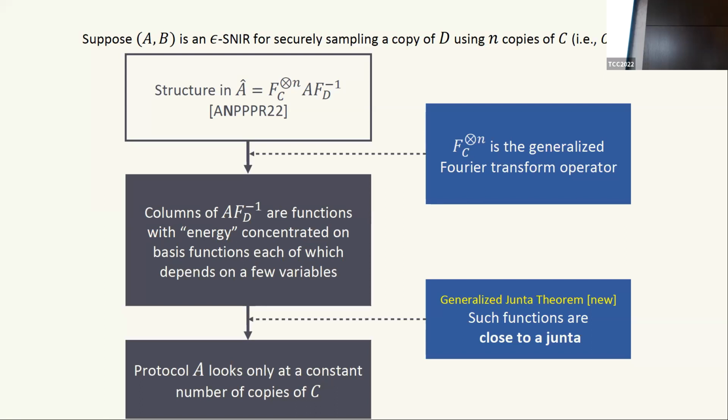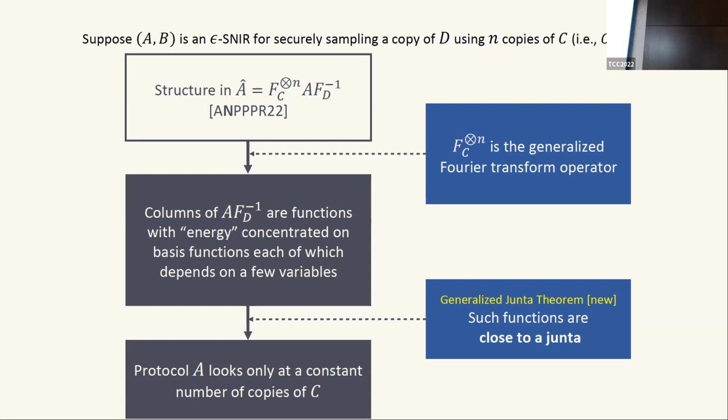And then we note that the Fourier transform of A concentrates most of its energy in low degree coefficients. That is, it concentrates on basis functions, each of which depends on a small number of variables.